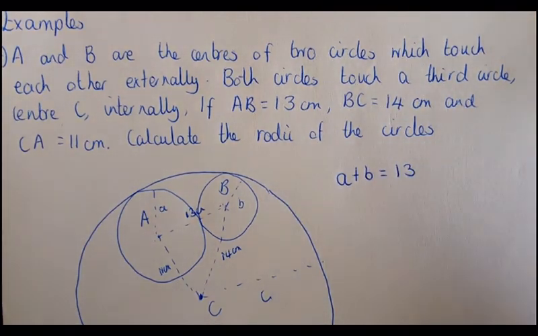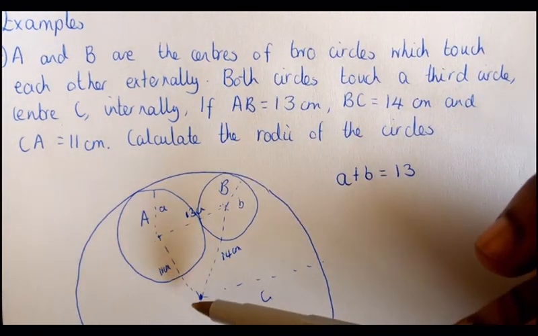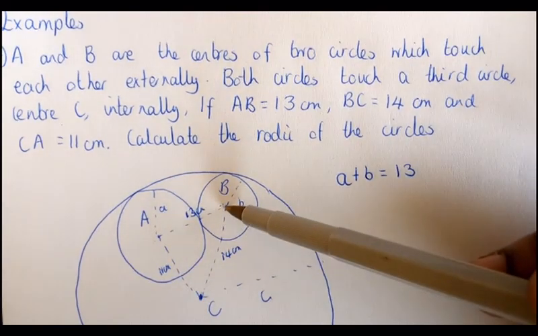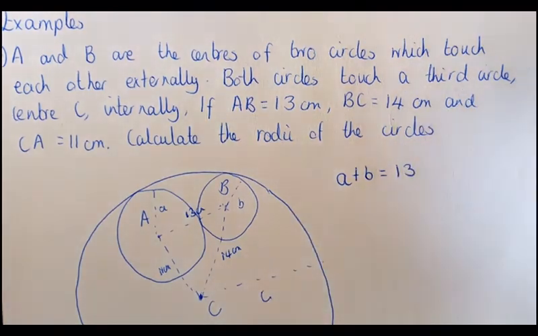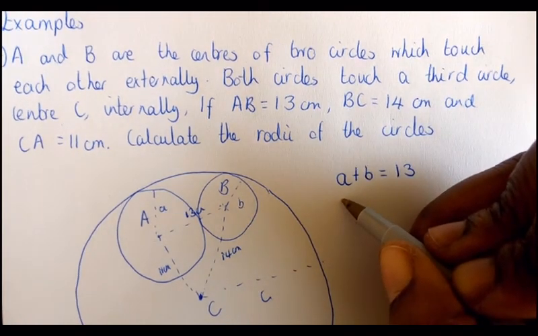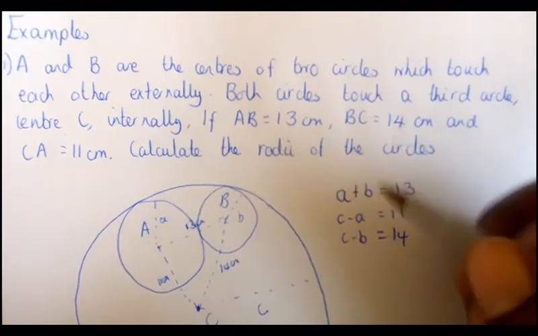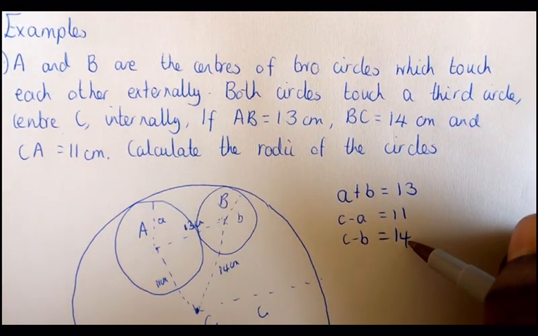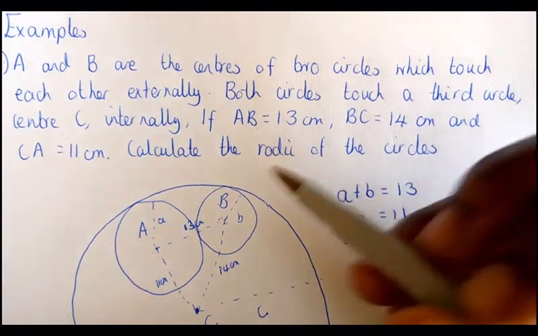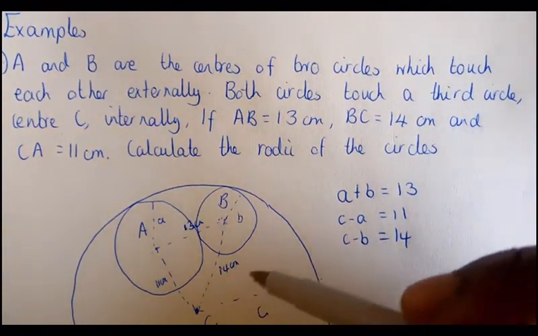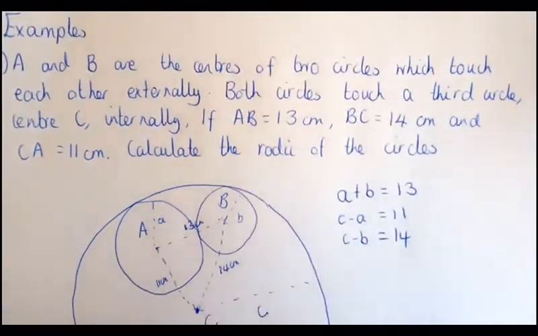And if two circles touch each other internally, the distance between their centers is the difference between their radii. So we can say that c minus a is equal to 11 and c minus b is equal to 14, since the distance between their centers is the difference of their radii as the circles touch each other internally.